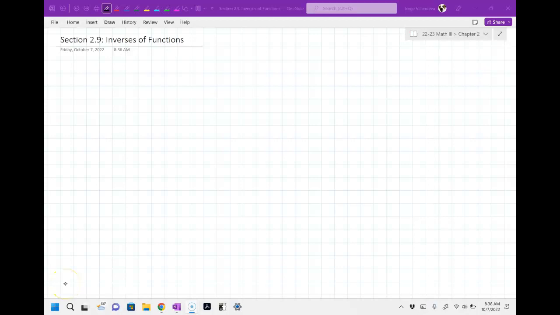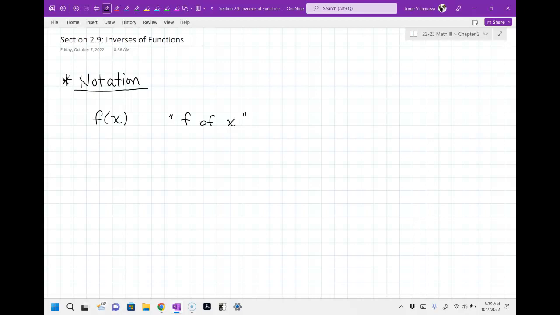All right, so section 2.9, inverses of functions. So, notation really quick. A normal function we label f of x, which means a function whose name is f with x variables in it.